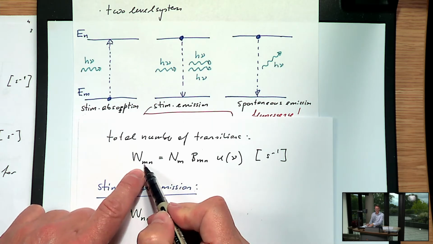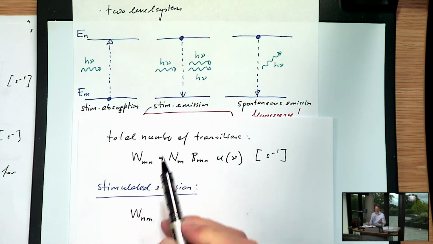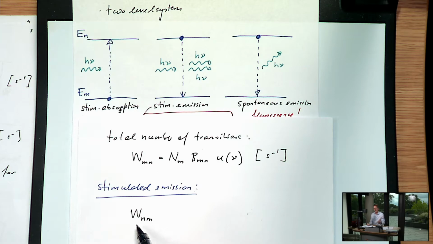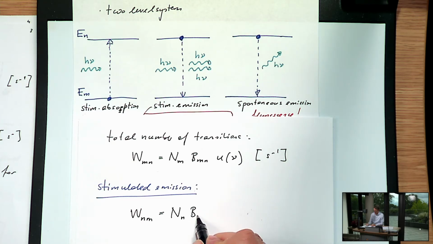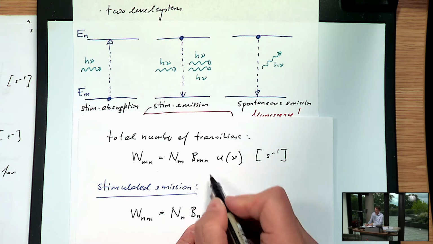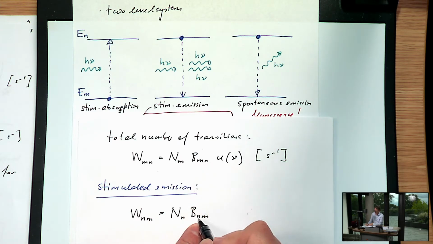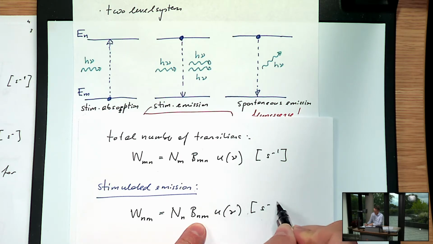So rather than going from m to n, the lower to the upper state, we're now going from the upper to the lower state, from n to m. And so that is given by the number of molecules in the excited state times the Einstein coefficient for stimulated emission. So that's the one that goes from n to m rather than from m to n. And again times u of nu, and that's again in terms of units per hertz.